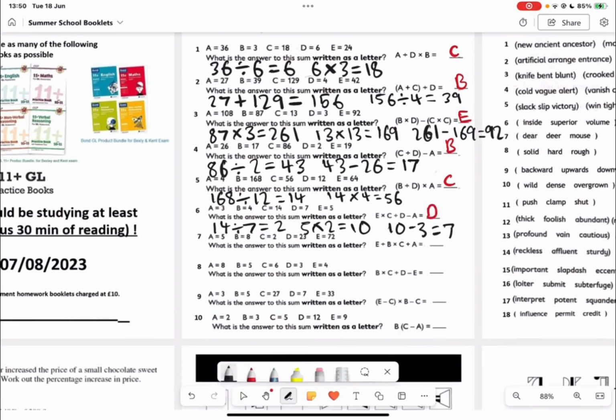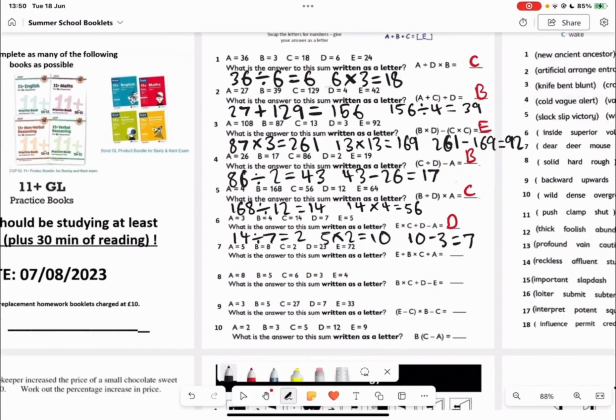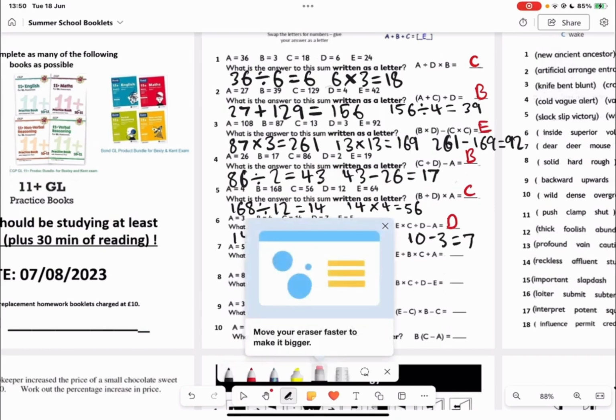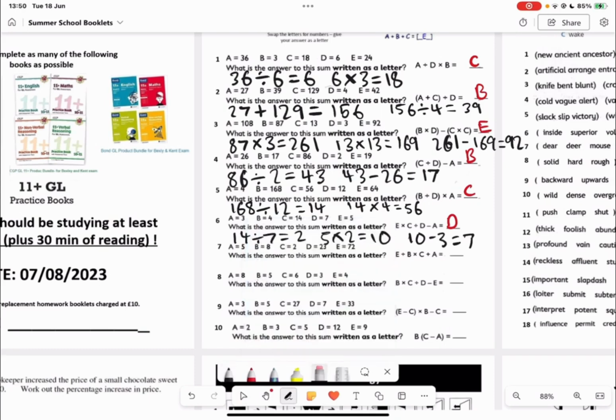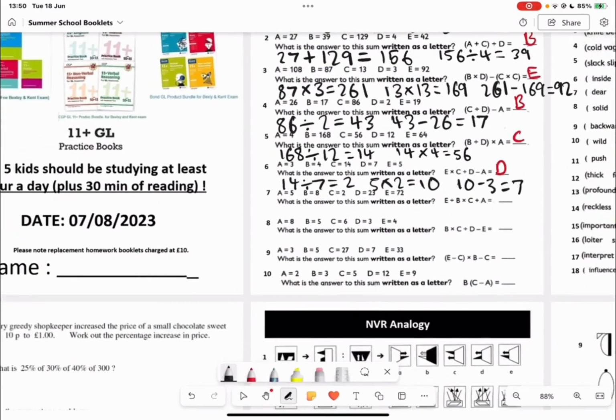Next is question 7. E divided by B times C plus A. So once again, first we divide, so we do E divided by B. This is 72 divided by 8, which is equal to 9.